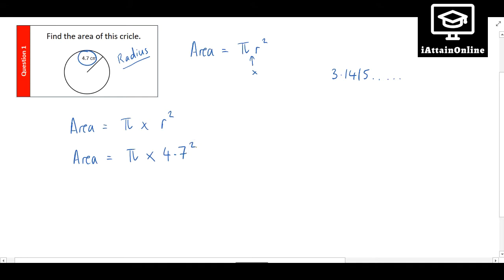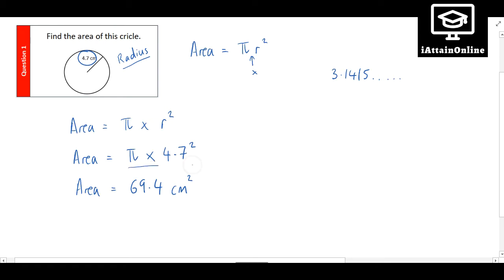And if I put that into my calculator, pi times 4.7 squared, that's going to come out as, to one decimal place, 69.4. Remember, your units for area are going to be squared, so in this case it's centimeters squared.